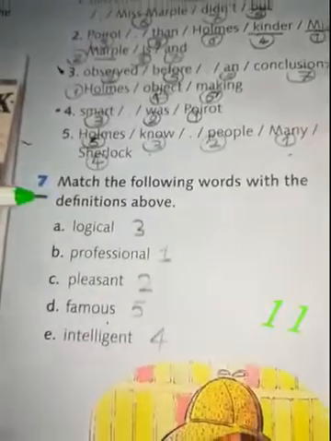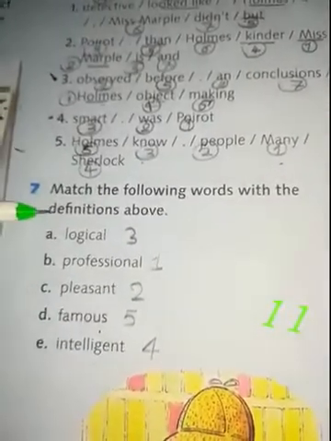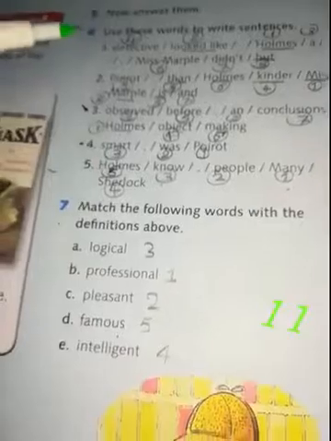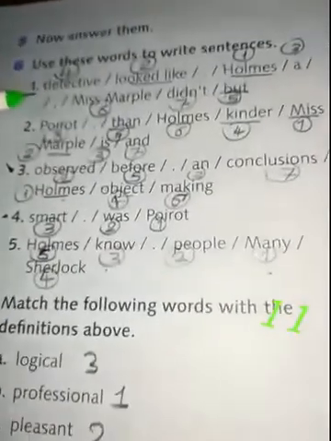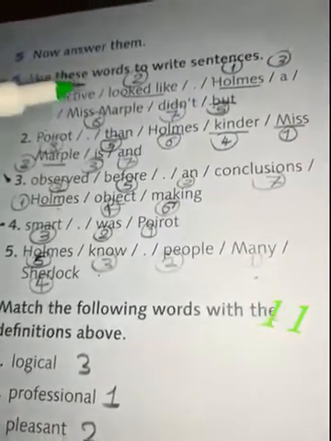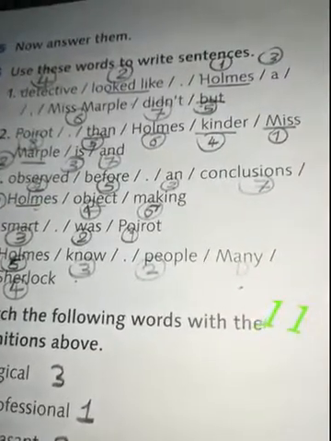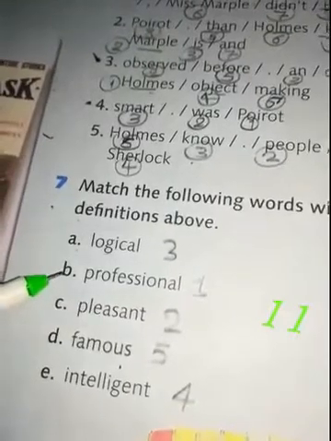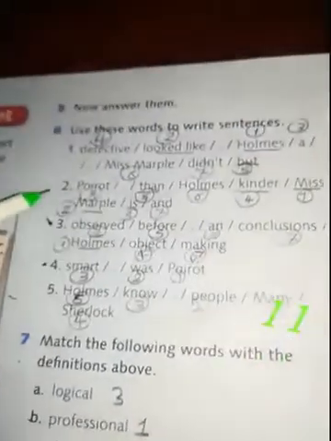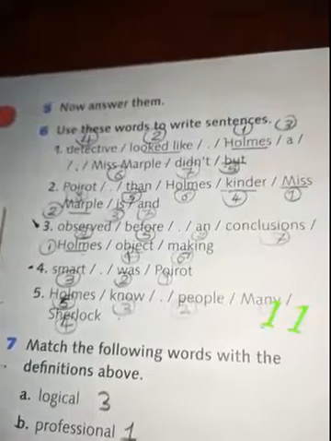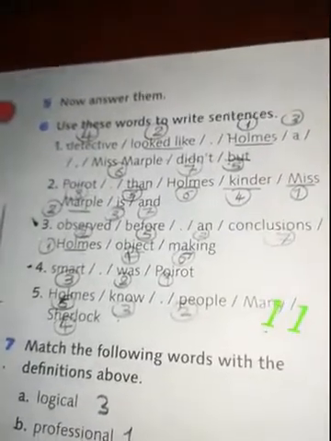Exercise number 7. Match the following words with the definitions above. So here, let's start with the first one. Holmes looks like a detective, but Miss Marple doesn't. That means to be professional. Number 2. Miss Marple is kinder than Holmes and Poirot, so she's pleasant.